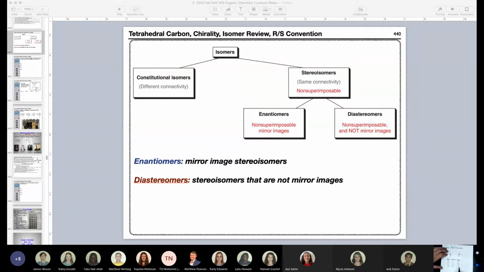We've then numbered them in priority 1, 2, 3, 4. So now let's go back to this drawing here and put those numbers in. Hydrogen's priority 4. Bromine was 1. Chlorine was 2. Fluorine is 3.